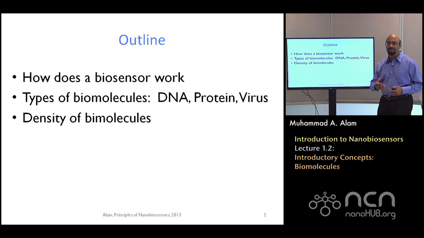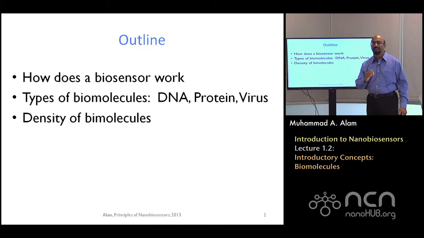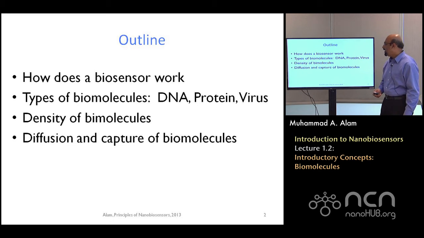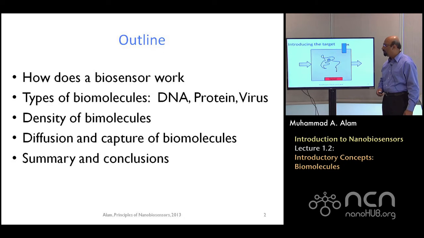Because it's one thing to know how things work, but it's very different to know how to calculate numbers precisely and to get to the conclusions in a quantitative way. And then I will end by talking about diffusion and capture of biomolecules and summarize and conclude.